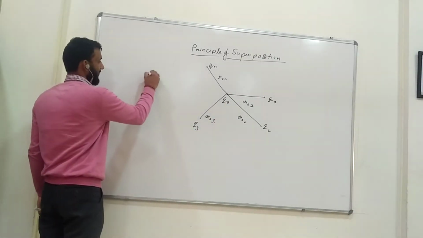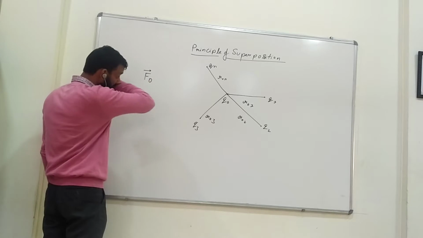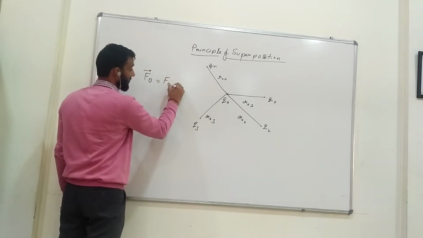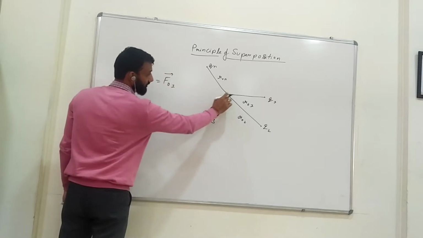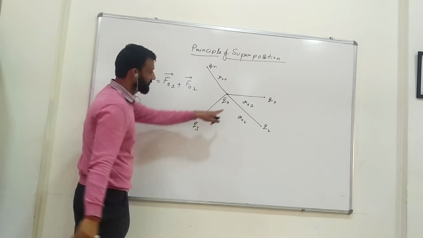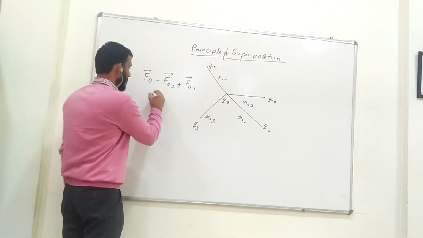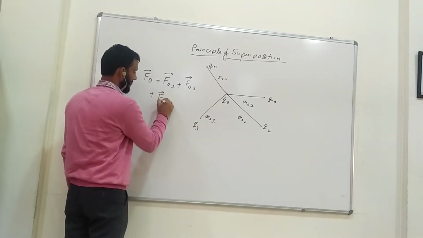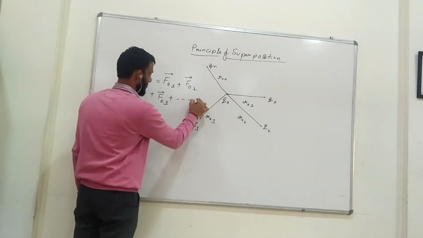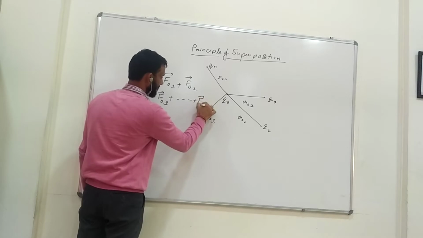So if I calculate F0, that is force on Q0, will be equal to F01, that is force on Q0 by Q1, plus F02, that is force on Q0 by Q2, plus F03, that is force on Q0 by Q3, plus, and this is up to F0n.